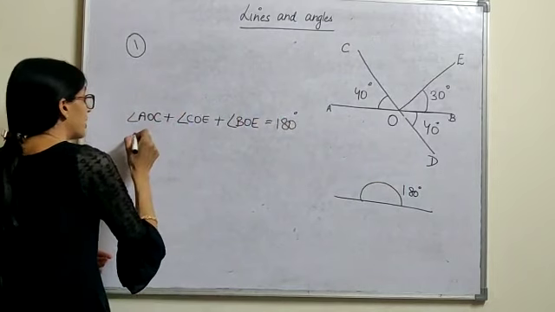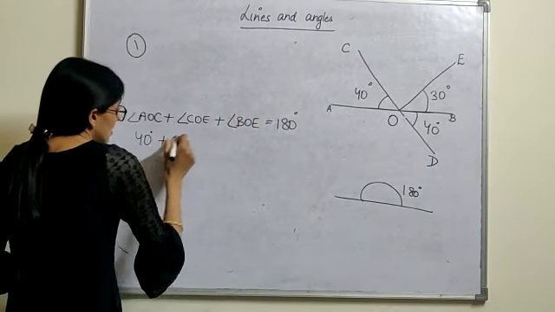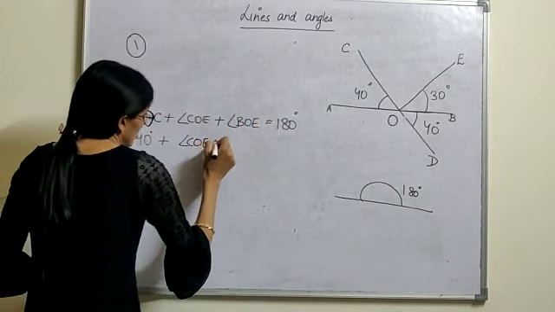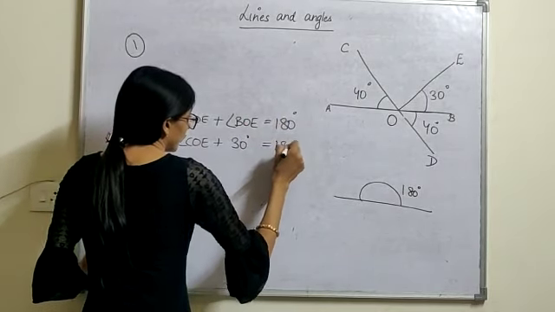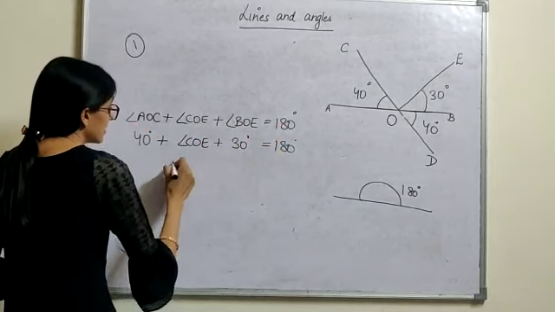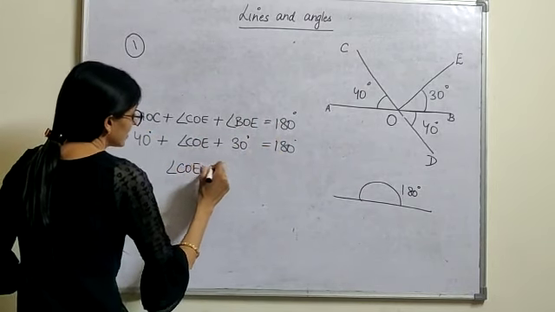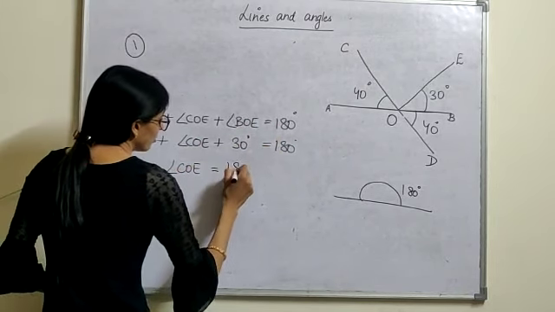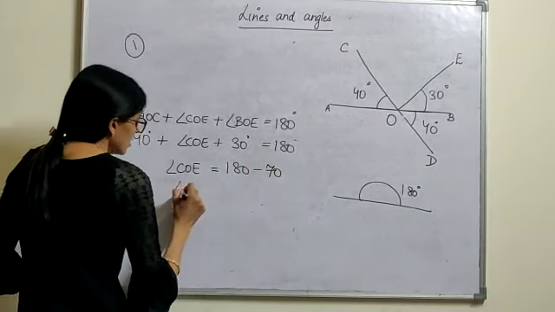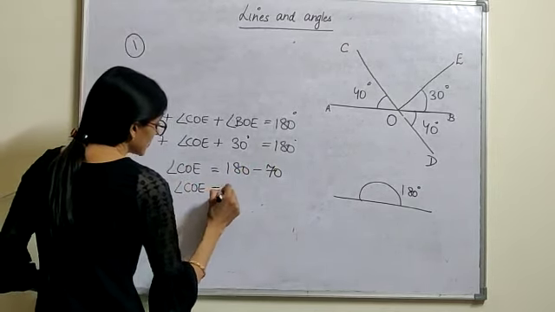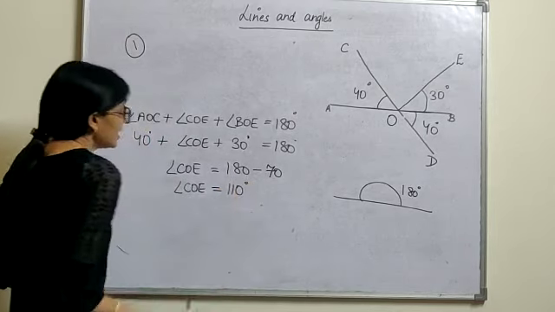Now this is 40. This we don't know. And this is 30, equals 180 degrees. 40 plus 30 is 70. When the 70 goes from the left-hand side to the right-hand side, it becomes minus 70. So angle COE comes out to be 110 degrees.